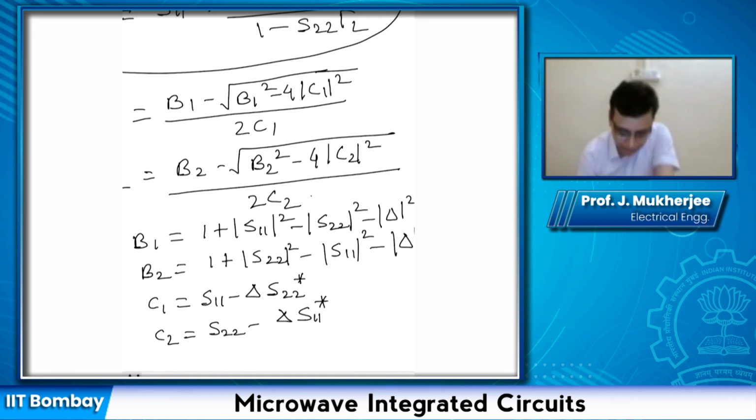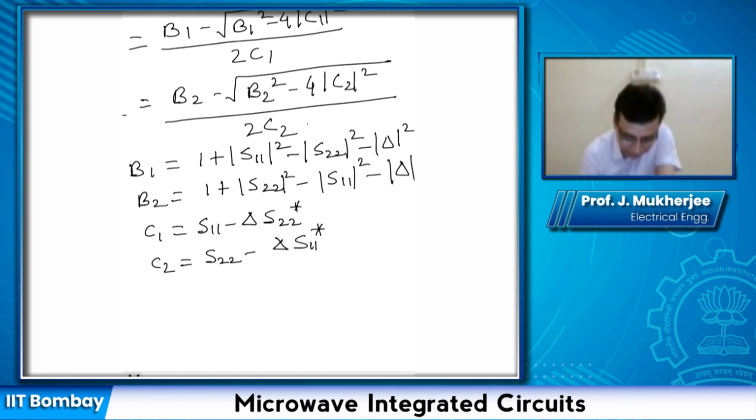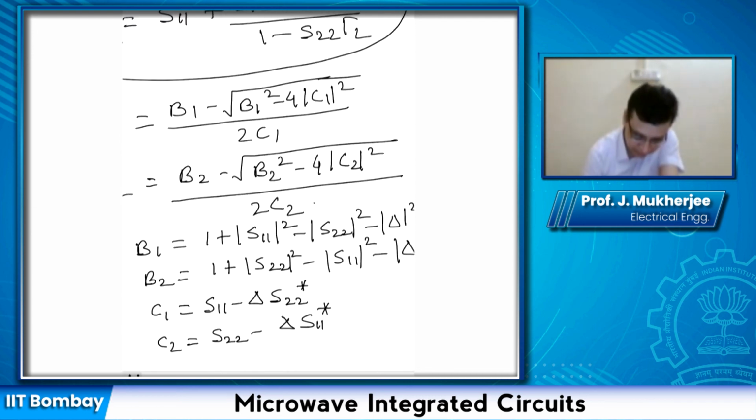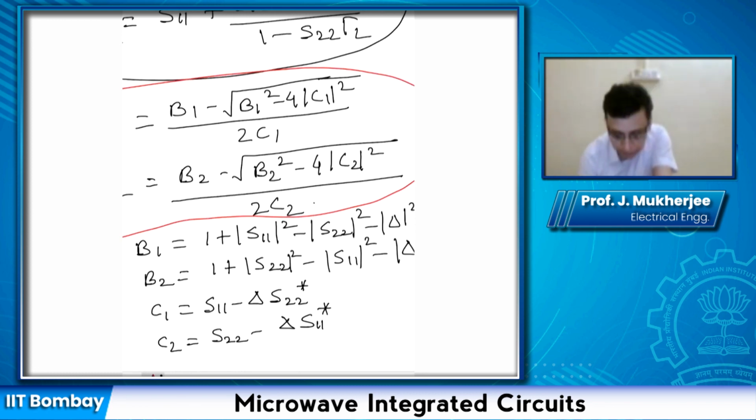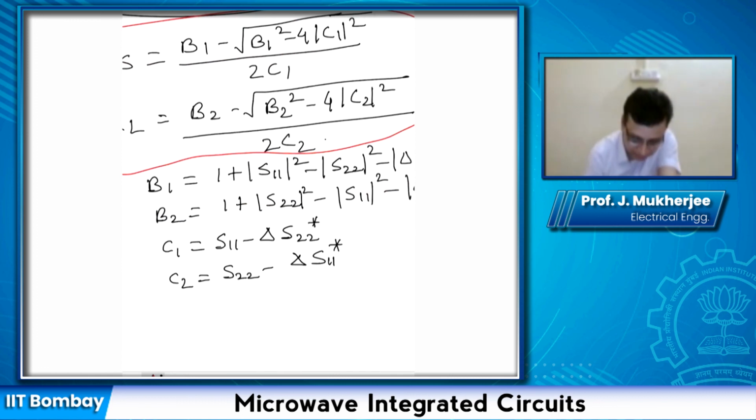The value of GT when these two conditions are satisfied is supposed to be the maximum value of GT, and recall that is GT max.